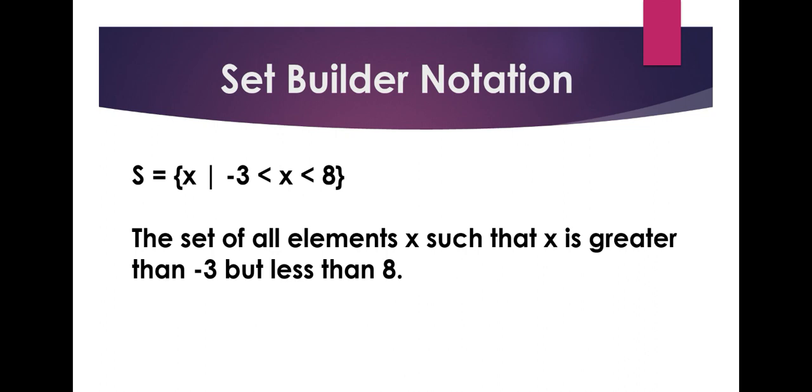Ano-ano bang number yon? Pwede si -2, o kaya si 1, si 0. Pero hindi pwede si 9 kasi mas mataas na siya kay 8. So, dapat di lalagpas sa 8. So, we will have -2, -1, 0, 1, 2, 3, 4, 5, 6, and 7.